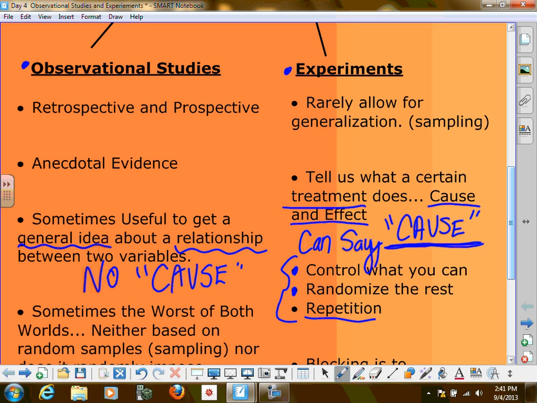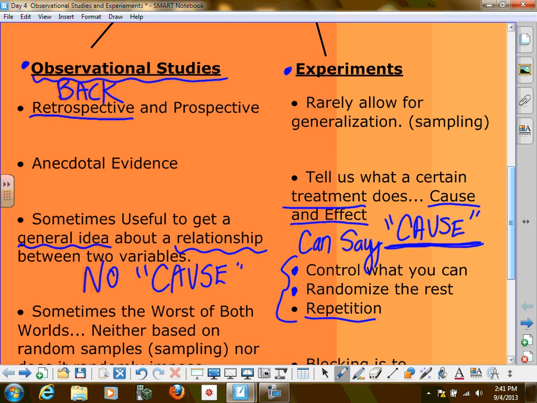You only can study results of what have already happened. If you are studying results of what have already happened, like past medical records, that is retrospective. That is looking back. Retrospective. But let's say I identify 100 women that are 2 months pregnant or less, and I have them keep track of their alcohol usage throughout their pregnancy so that I can determine if fetal alcohol syndrome is related to alcohol use.